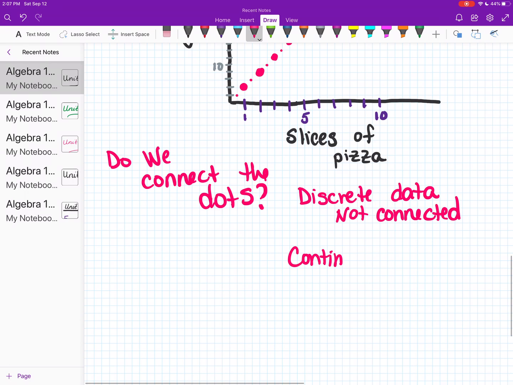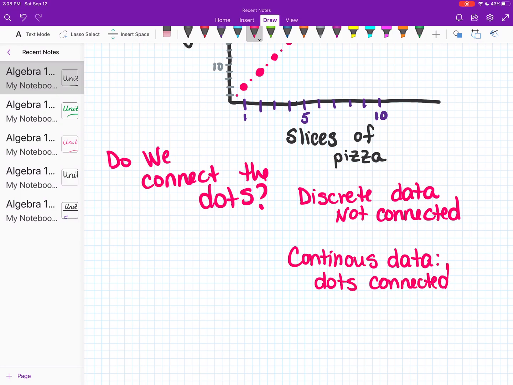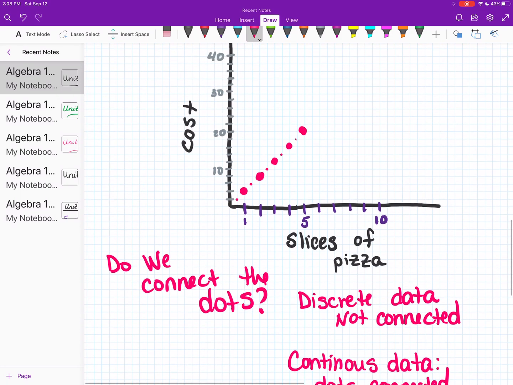And we will be working with that a lot. That's where the dots are connected. It's a line. So though this has a linear relationship, which means it looks like a line, it is not a line. It is discrete data. It's pieces of data that look like a line, that are following a linear progression, but they're not a line.